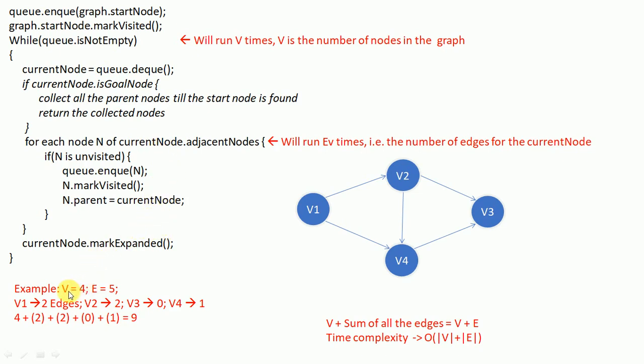That is, this is the number of nodes plus 2 edges for this node, plus 2 more edges for this node, 0 edges for this node, and 1 edge for this node, which means the time complexity is 9 in this case. But to generalize, I think you can write it this way, that is, the time complexity will be equal to big O of V plus E.